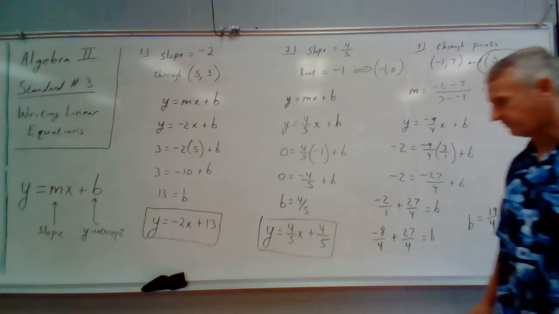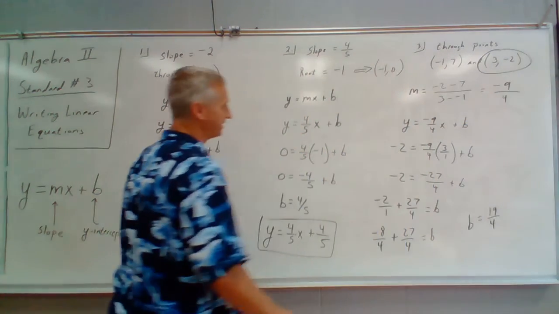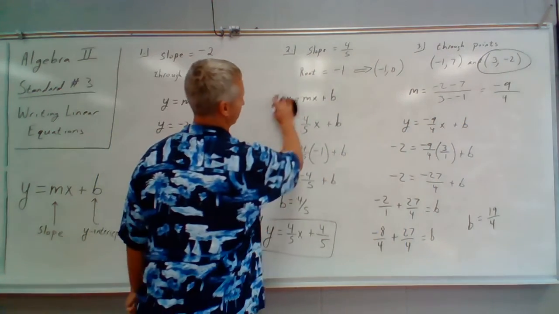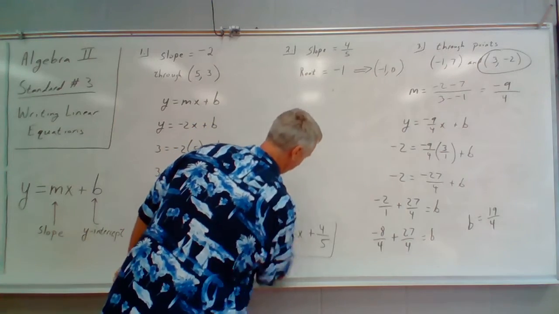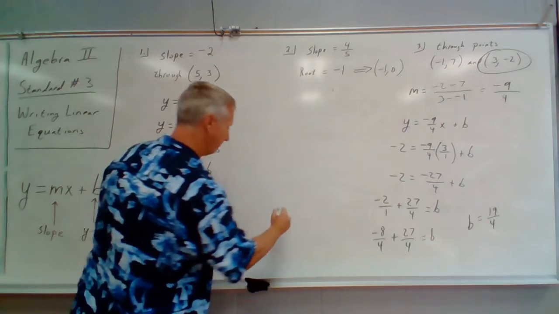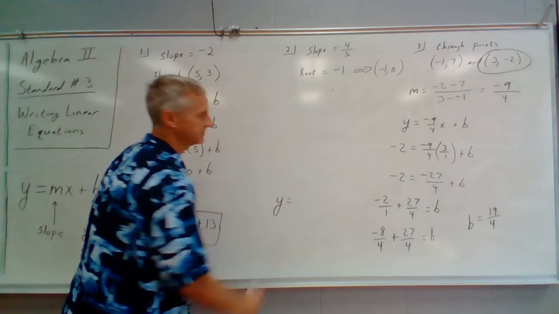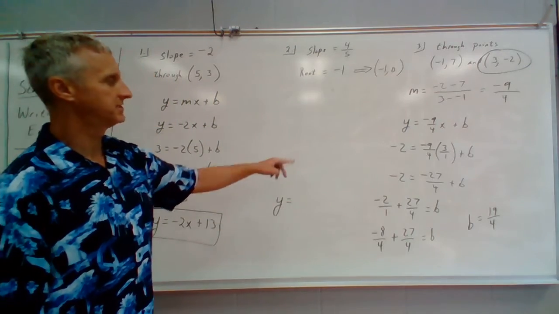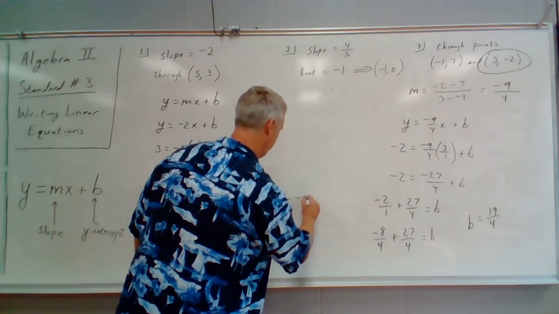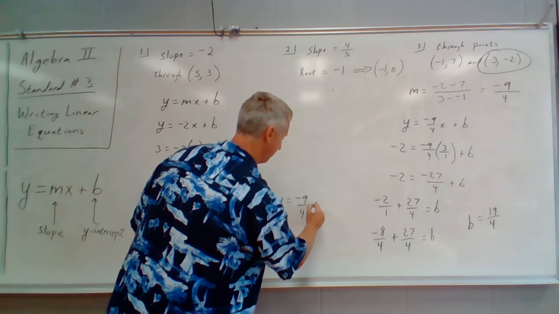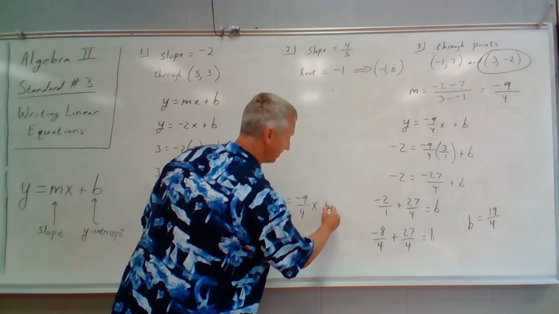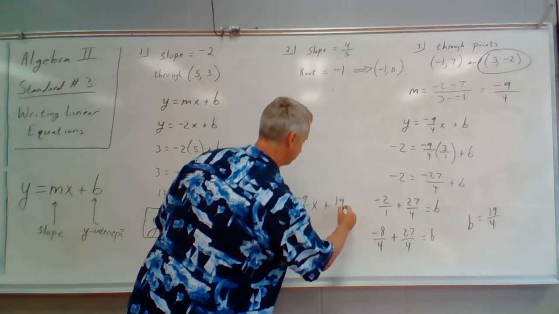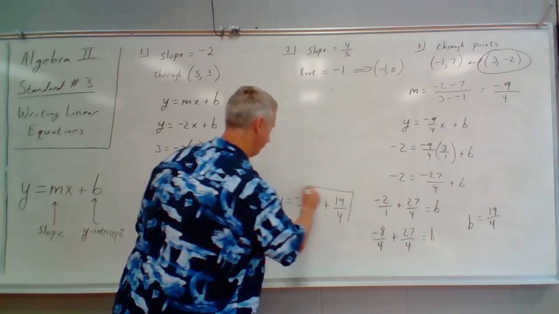So I have 19/4. All right, so my final answer after all that work would be y equals, my slope is -9/4 x plus 19/4.